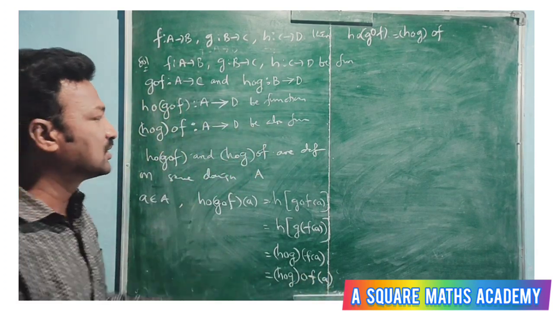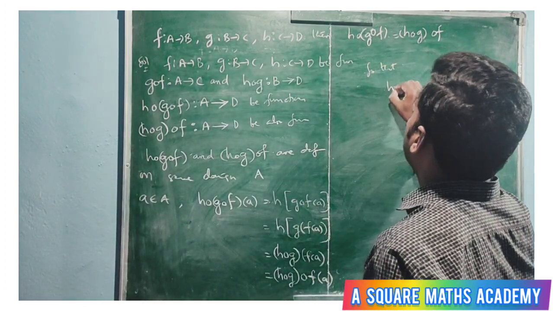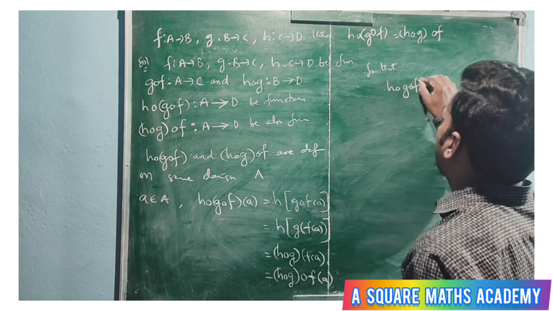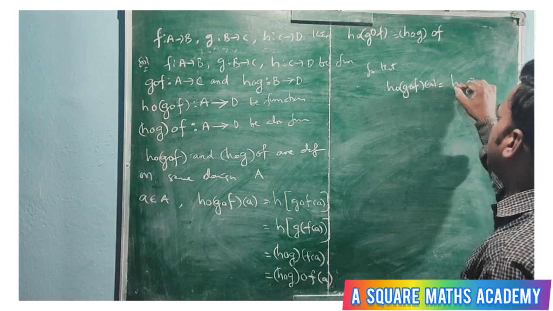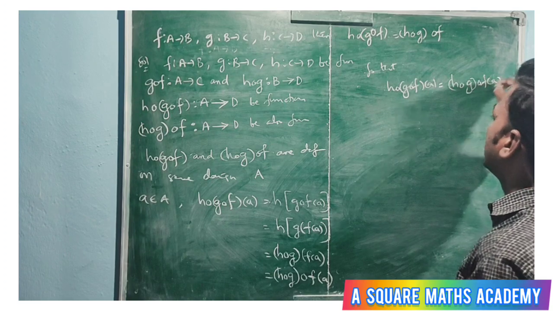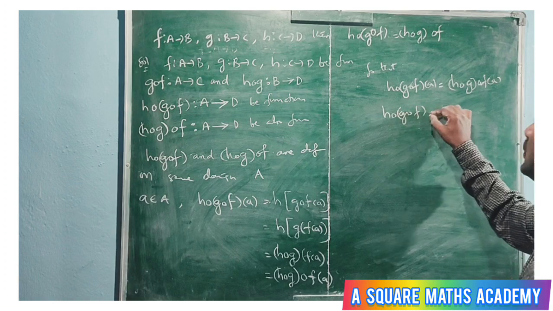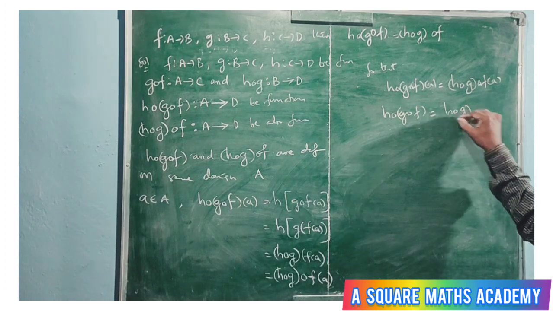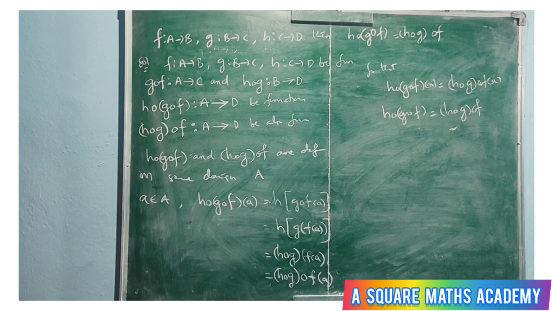Observe this one here. So we get here that H circle G circle F of a equals H circle G circle F of a. So that is nothing but H circle G circle F equals H circle G circle F. Okay, so this is the last theorem.